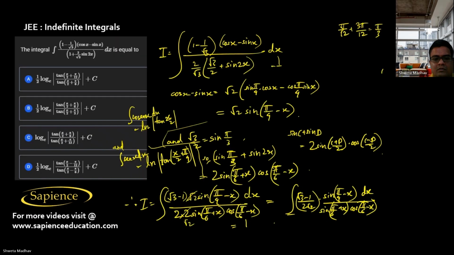This is cosec of (pi by 6 plus x) dx minus half of the integral of cosec of (pi by 3 plus x) dx.